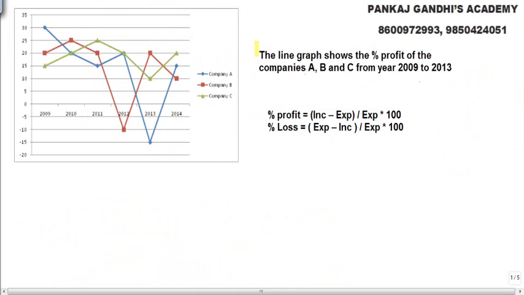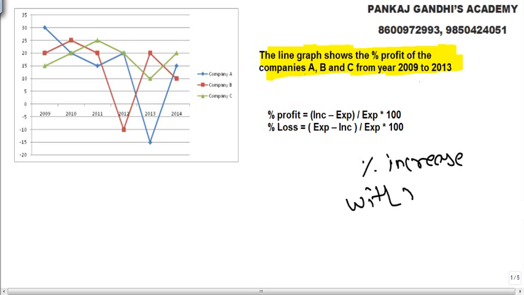Totally different kind of caselet now. This question says the line graph shows percentage profits of companies. Look, the previous question was about percent increase with respect to previous year.